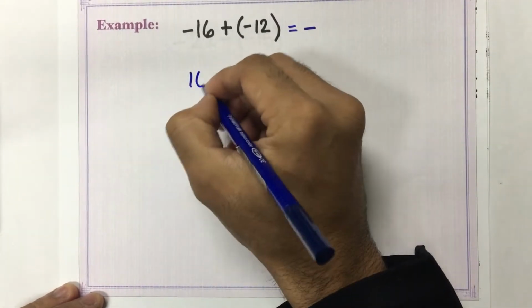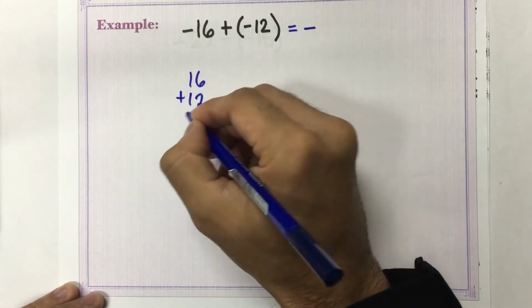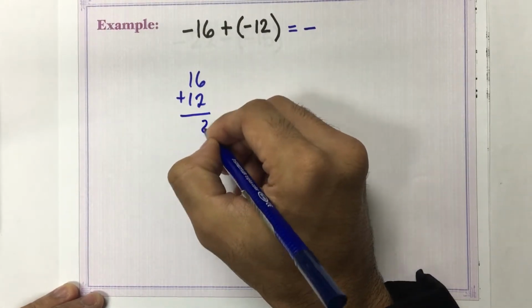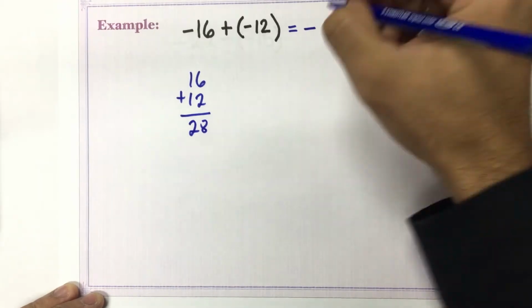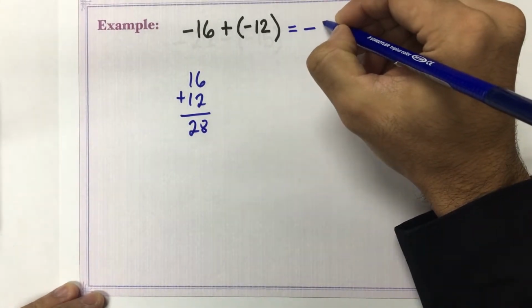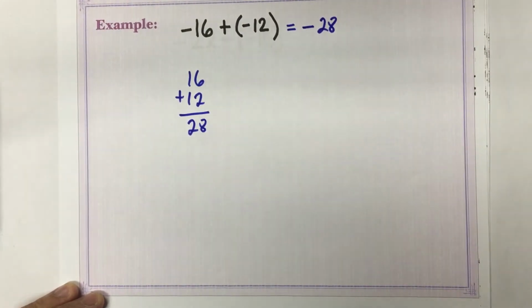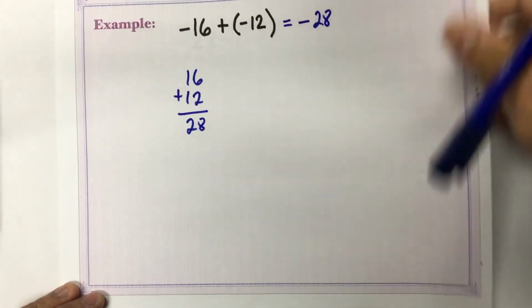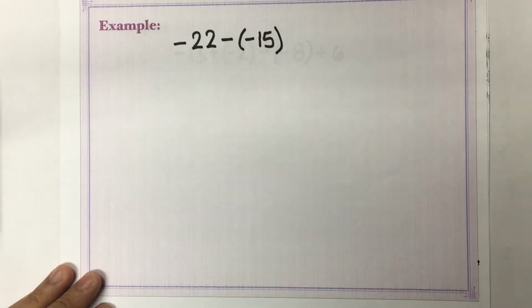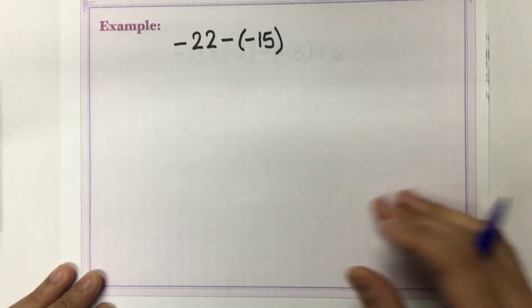Okay, so when we add the way we normally do these two numbers, the answer is going to be 28, so our answer is negative 28. Okay, so we have a few more examples here that will be useful for you.